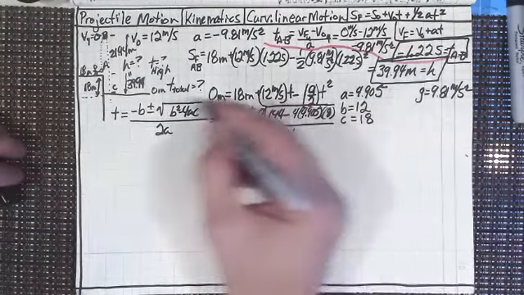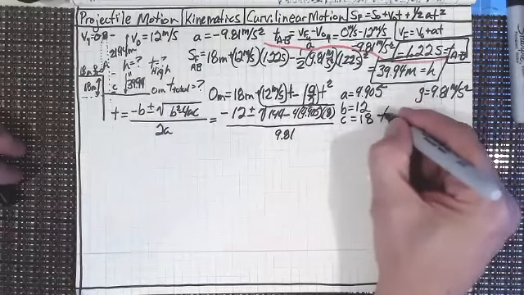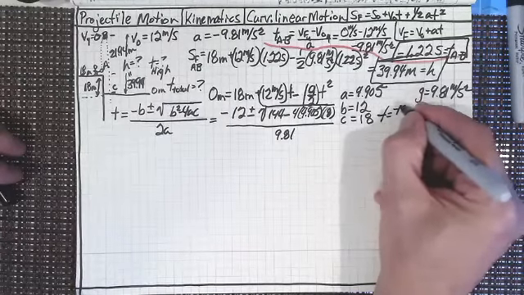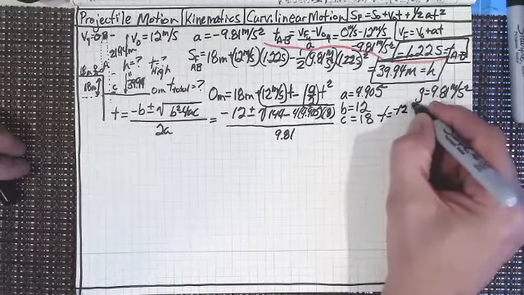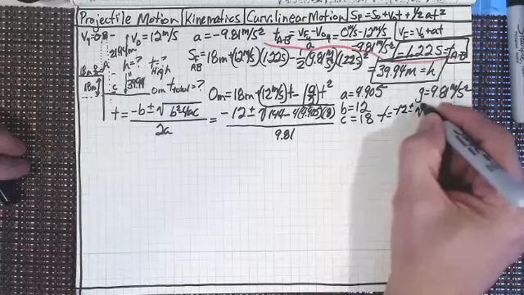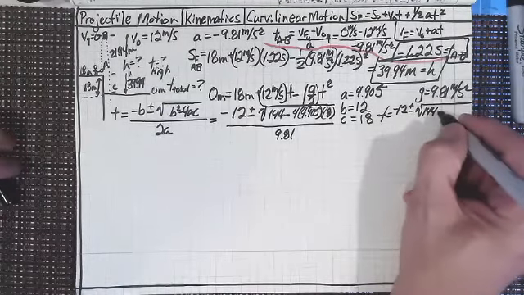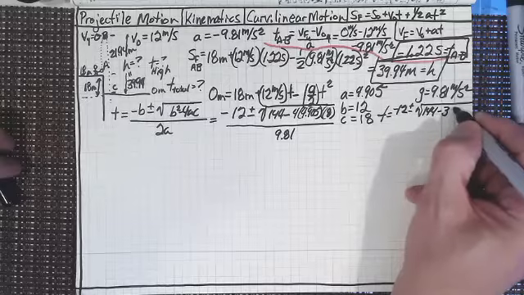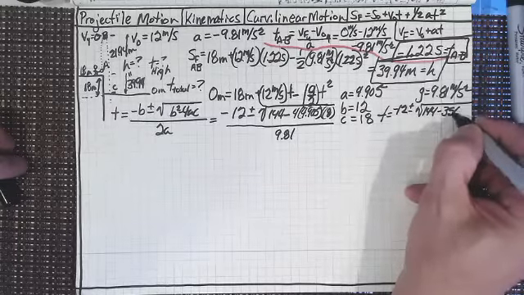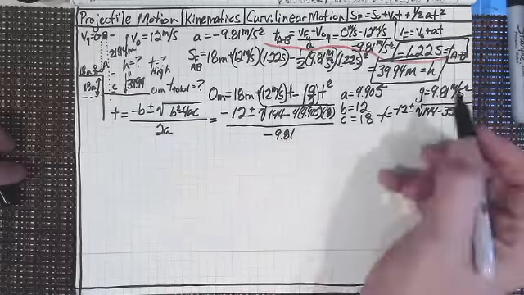So I've got t equals minus 12 plus or minus the square root of 144 minus 356. Oops, sorry, that's a minus 9.81.